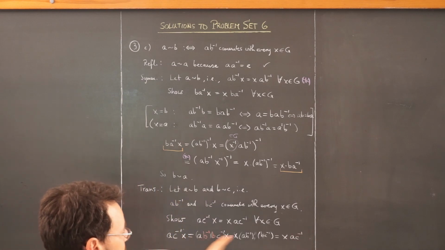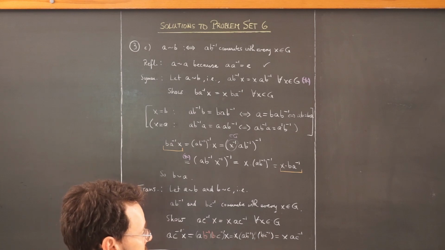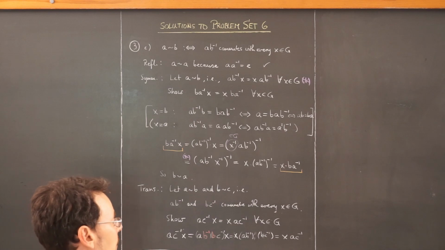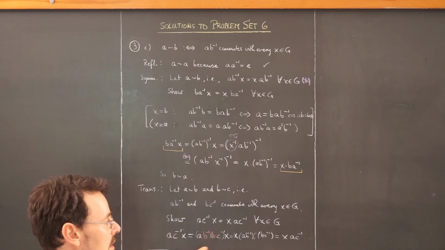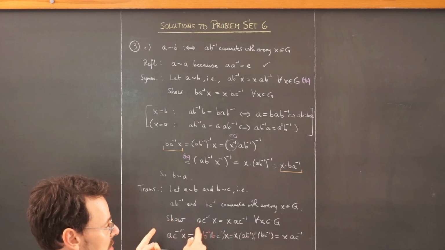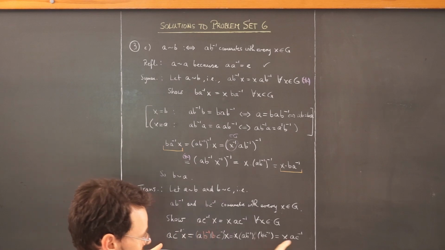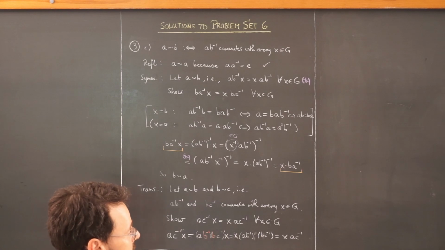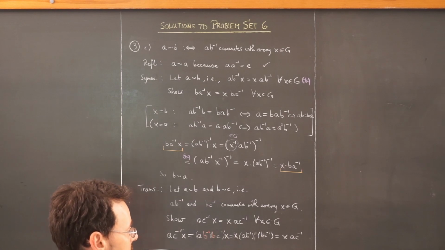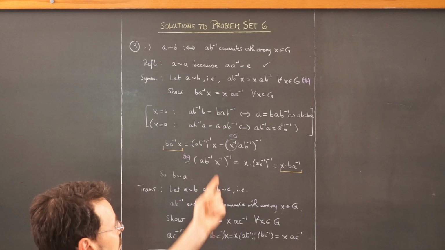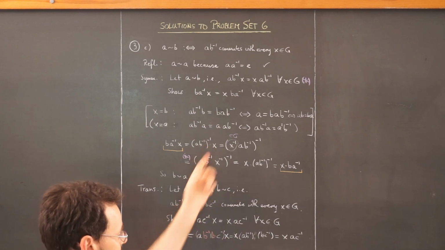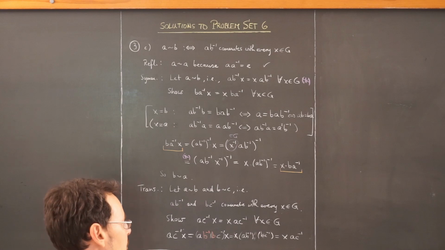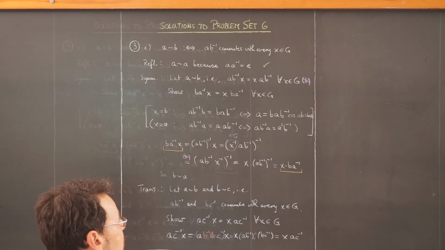So AC inverse also commutes with each element of X. This is not written down perfectly. You should write down let X in G be arbitrary, then write down that, and then conclude that AC inverse also commutes with every element of the group. But this was comparatively easy if you have seen this trick before, which we now have done a lot of times.